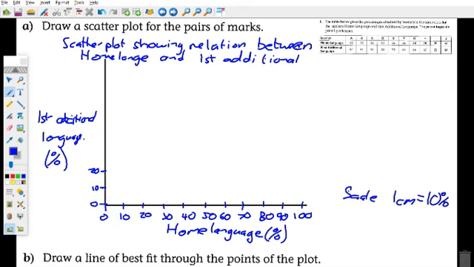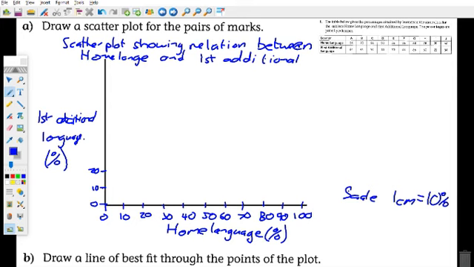So 1 millimeter is equal to 1%, because 10 millimeters is equal to 10%, because there's 10 millimeters in 1 centimeter, and 1 centimeter is equal to 10%.